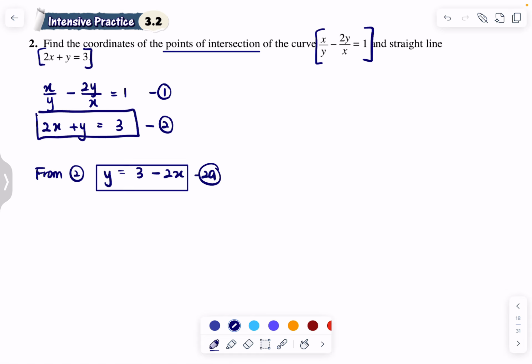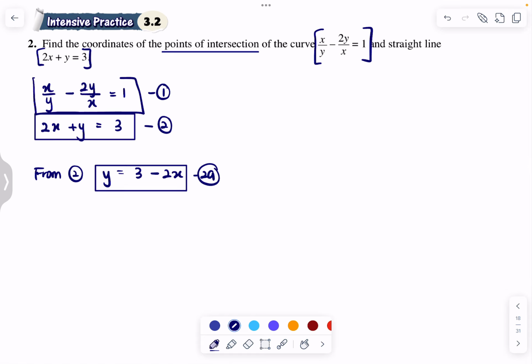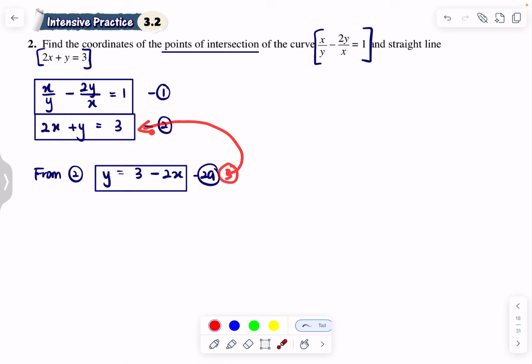Why do I call it equation 2a? Because we have modified equation 2 to get that equation. Why do I like to call it 2a instead of 3? Most teachers or most textbooks make it equation 3. But I see most students, when they write this as equation 3, accidentally substitute it inside the same equation, and then they get stuck.